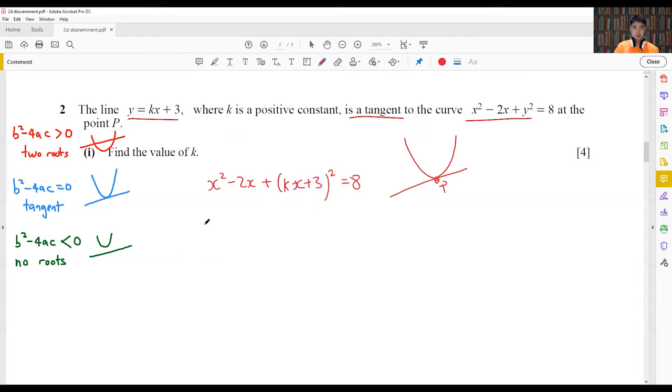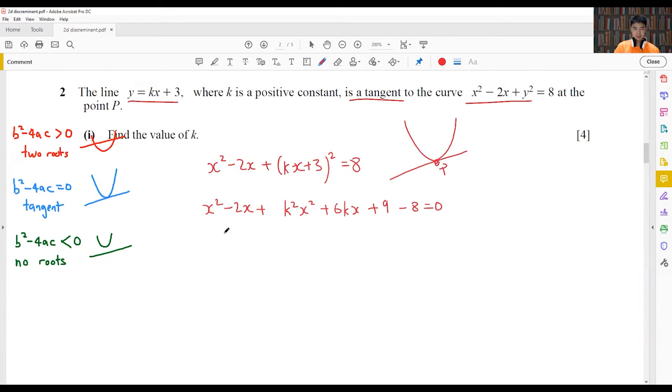Expand your bracket from here: x squared minus 2x plus k squared x squared plus 6kx plus 9. Bring the 8 over, minus 8 equals 0.